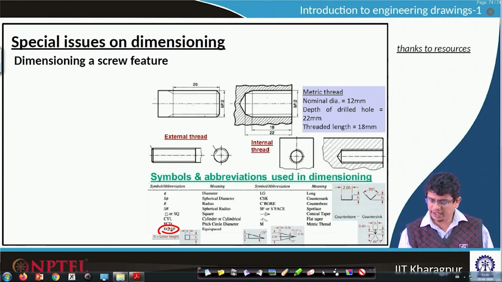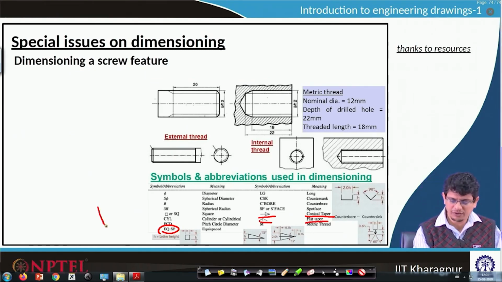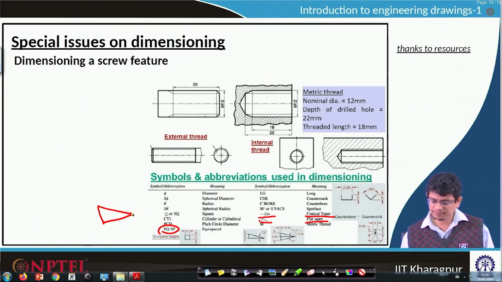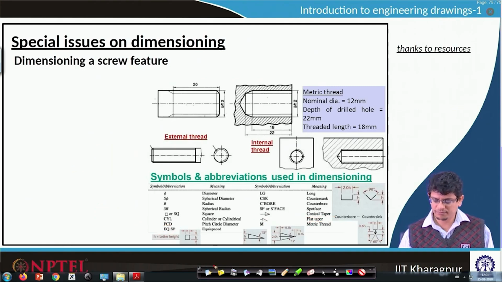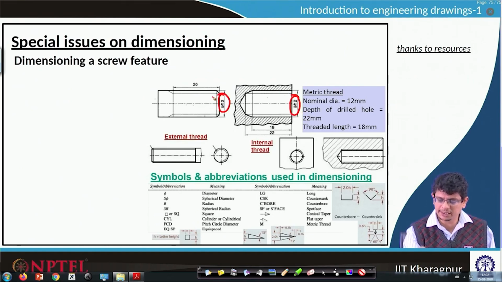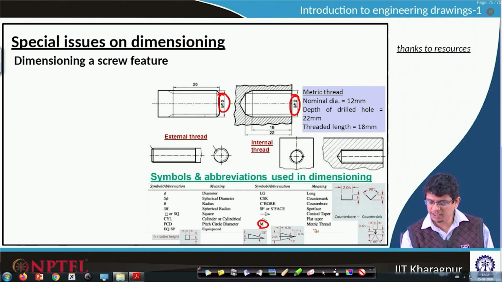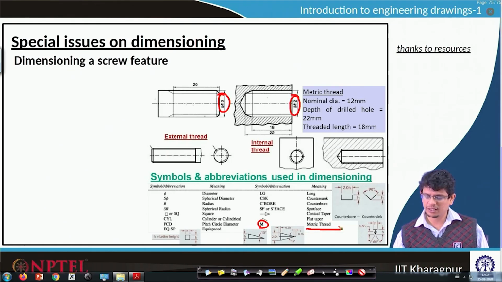Similarly, if it is a conical taper, we use it in that way. If it is just a flat taper, we use it in this way. The flat taper symbol is this. If it is a conical kind of taper, we use this one. For threads, we usually see the symbol M, that means metric thread, one way of creating these threads.